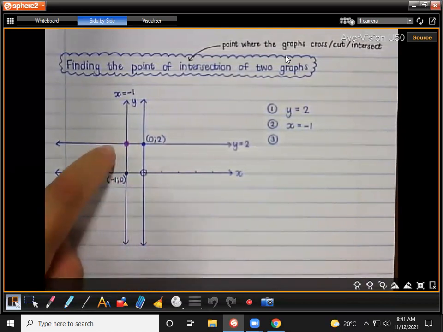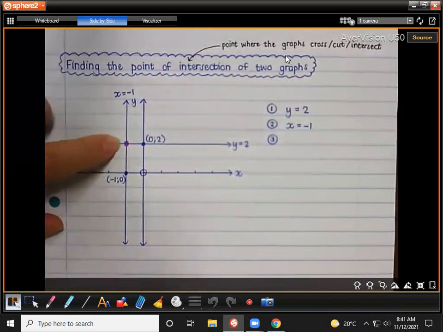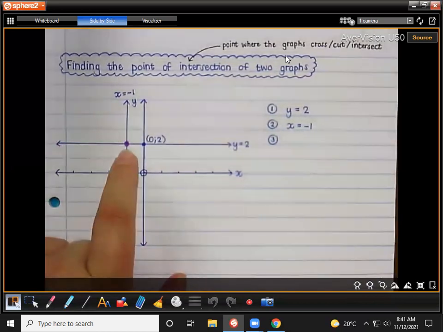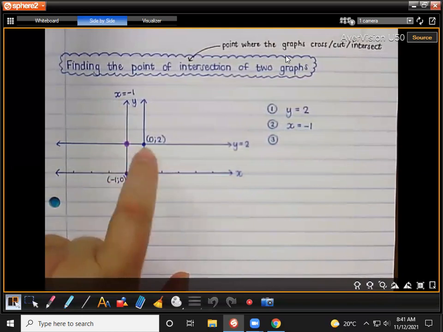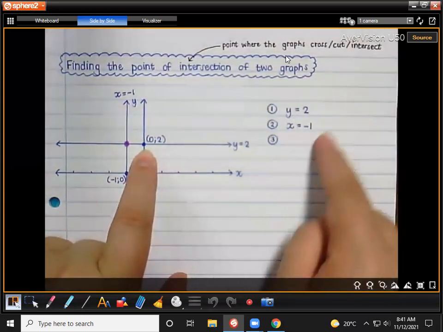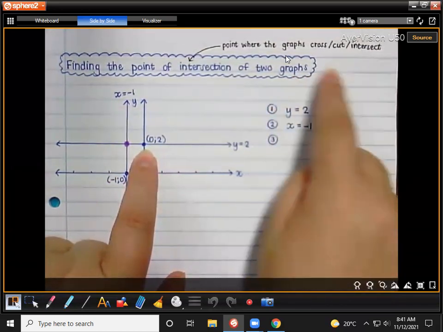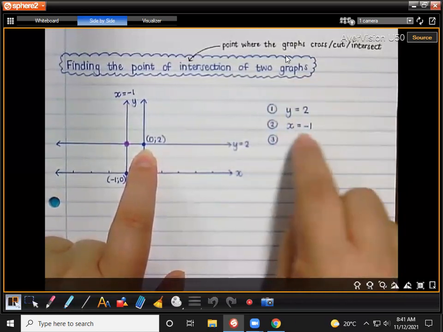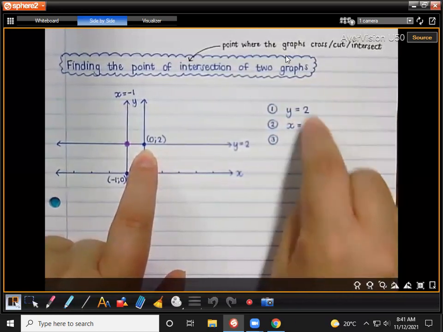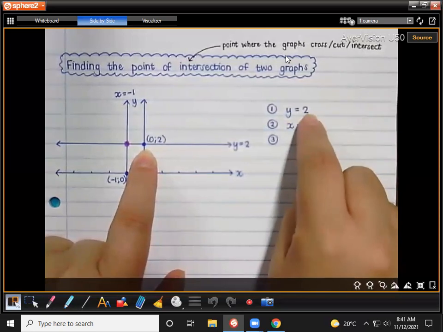If we're looking for the coordinates of this pink point, what is the x value of this point? Do we see that it's perfectly in line with -1, right? What is the y value of this point? 2. Don't we see that in the equations as well? The equations are literally telling me that the x value is -1 and the y value is 2.